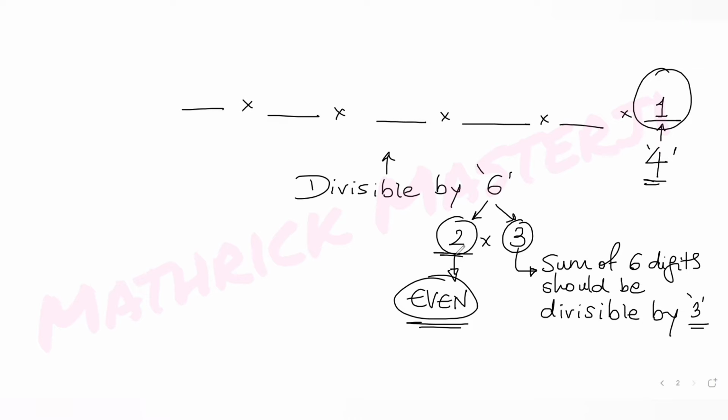We have used the divisibility property of 2, and we got that the units digit should be even, and in that place only 4 can come. So there is no choice for the units digit. But for the other five digits, the condition is that the sum of all six digits should be divisible by 3. So let's figure out how to solve that now.